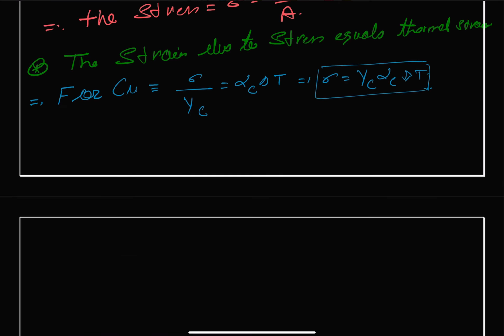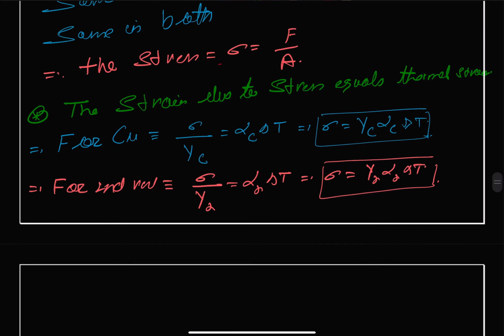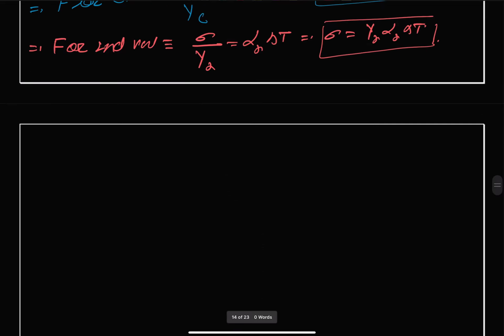And for the second rod, which is our sigma upon Yx is equal to alpha x multiplied by delta T. This also gives us that sigma is equal to Yx, alpha x and delta T. Therefore, like I said, the stress will be the same, so we can equate them.